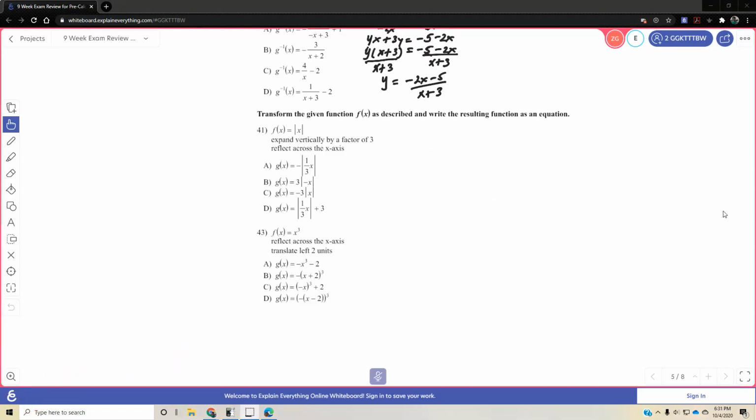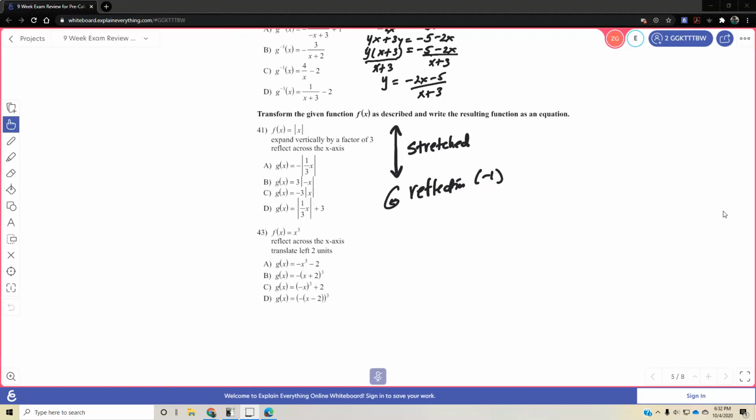Expand vertically means that it's going to be stretched. Reflection, you're going to have to use a negative.